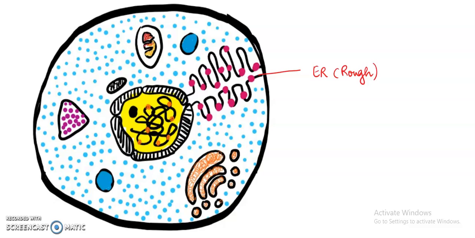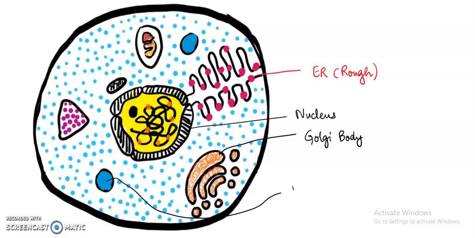We will talk in detail what is rough endoplasmic reticulum when we will come to this topic. This is Golgi body. The control center is in the center, and this is nucleus. These are our vacuoles.